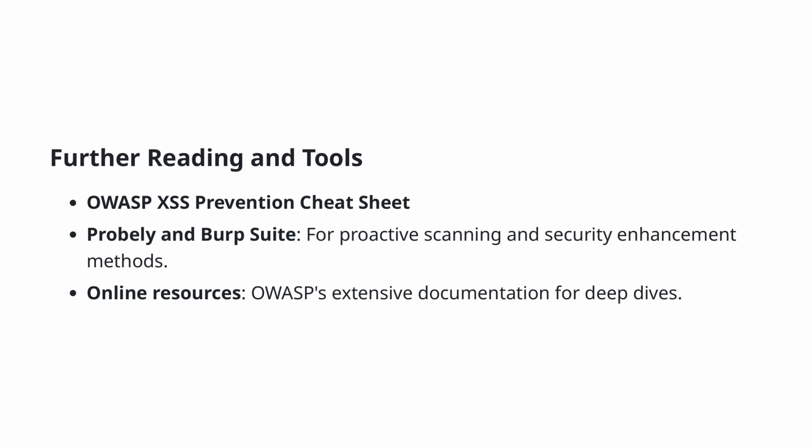These tools aid in identifying potential vulnerabilities, allowing you to address them before they become issues. For comprehensive learning and in-depth understanding, OWASP provides extensive documentation online. These resources are incredibly useful for keeping up to date with the latest in security practices and expanding your knowledge with detailed insights into the prevention of XSS.